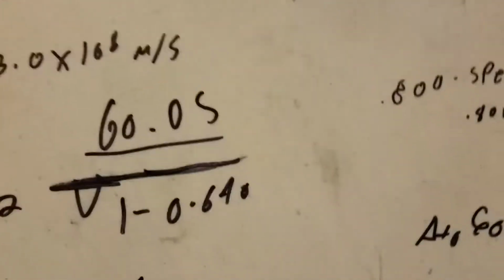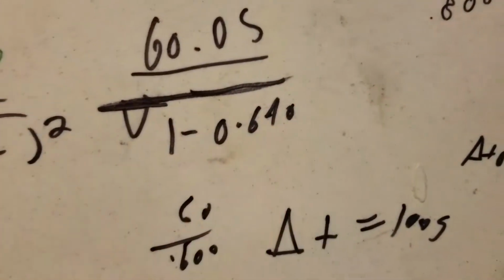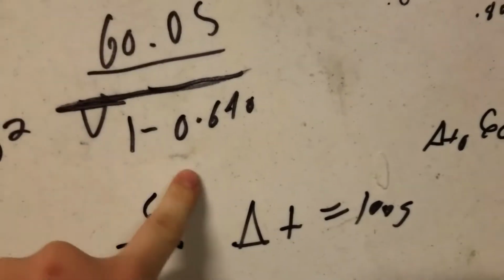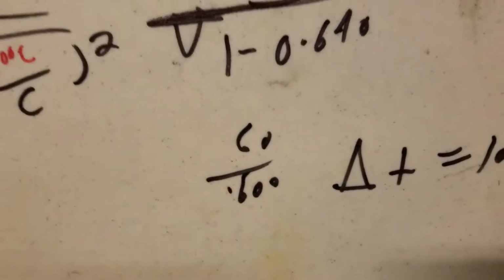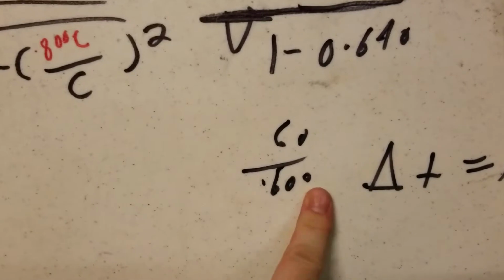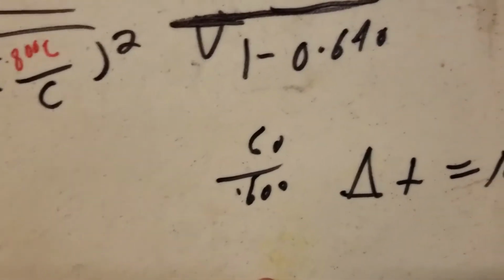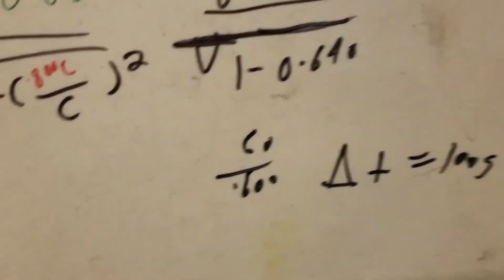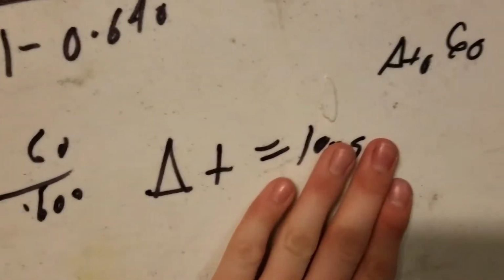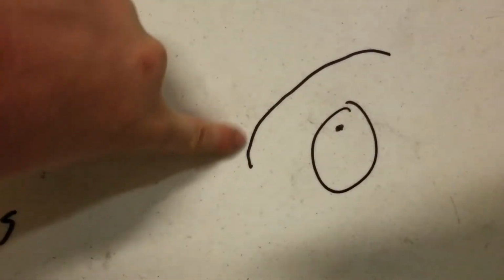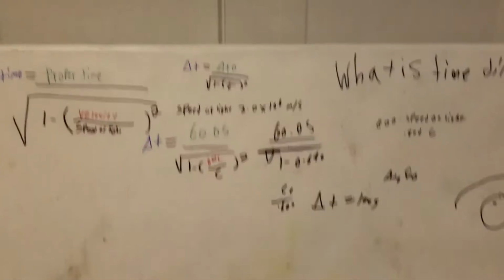Now, simplify it down to 60 seconds over the square root of 1 minus 0.640, which can be simplified down to 60 over 0.600. Now, you get your observer time to be 100 seconds. So, when 60 seconds passes for Steve, 100 seconds passes for Jim. That's insane. That's an insane amount of time.